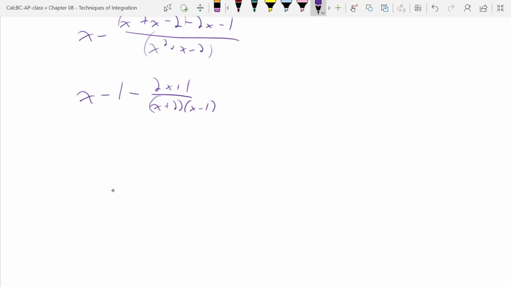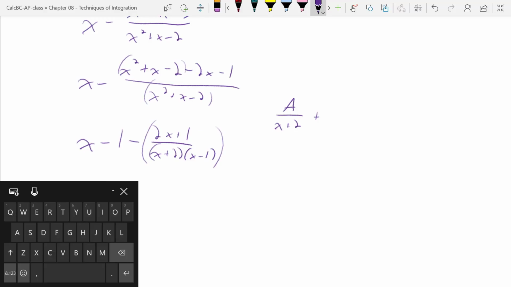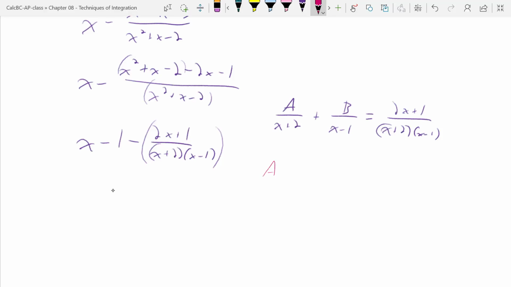And this is going to be a partial fractions problem, because if I put this in parentheses and I want to figure out what a's and b's go with that, then I know that a over x plus 2 plus b over x minus 1 has to be equal to 2x plus 1 over x plus 2 times x minus 1. So my next step can be just as easy as multiplying: a times x minus 1 plus b times x plus 2 should be equal to 2x plus 1.